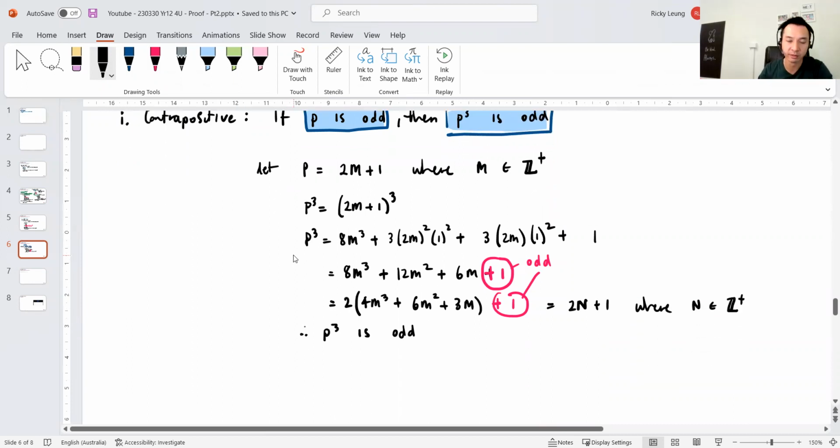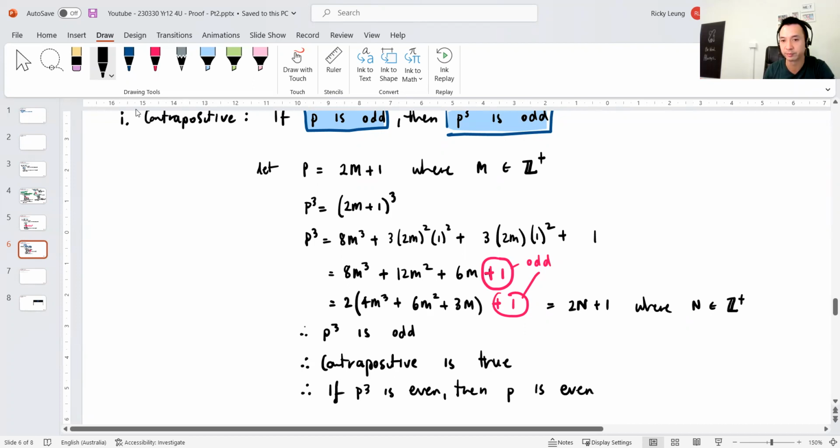So since you've proved the contrapositive is true, therefore the original statement is true: if p cubed is even, then p is even. Perfect, 2 marks.